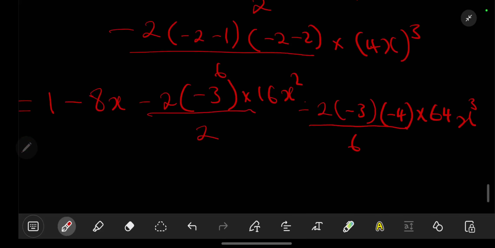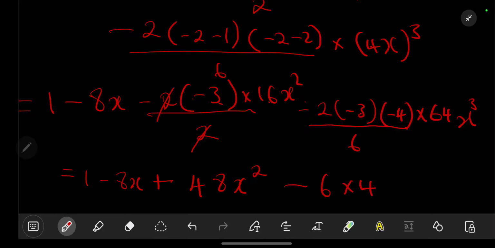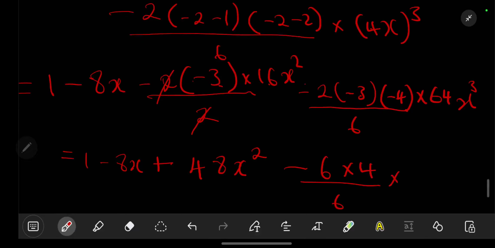So we have 1 minus 8x, and these 2 cancel. We are going to remain with negative times negative, which is positive, 3 times 16, that's 48, x to the power 2. Then we have negative, negative, negative, it will be negative, 2 times 3, that will be 6, times 4 over 6, times 64, x cubed plus dots, dots, dots.